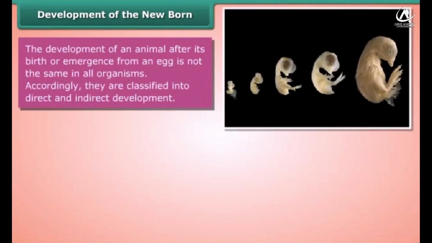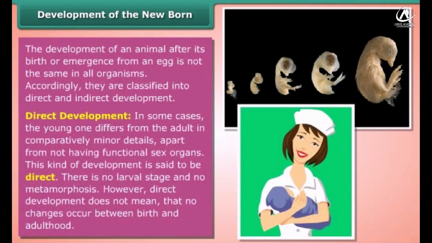Development of the newborn. The development of an animal after its birth or emergence from an egg is not the same in all organisms. Accordingly, they are classified into direct and indirect development. Direct development.